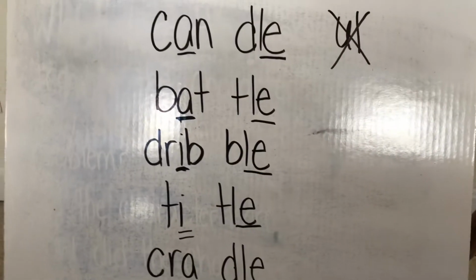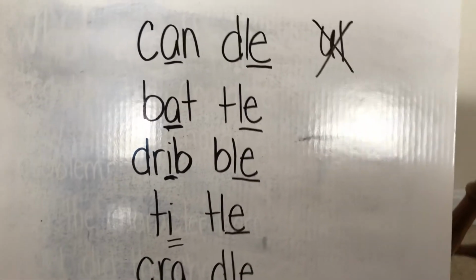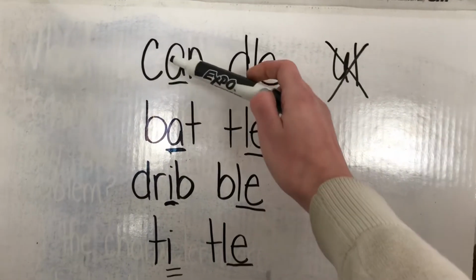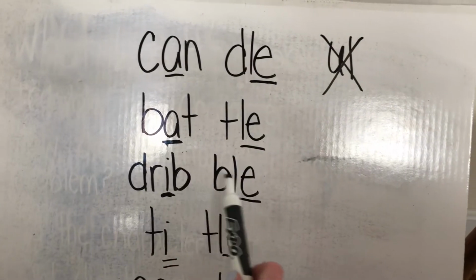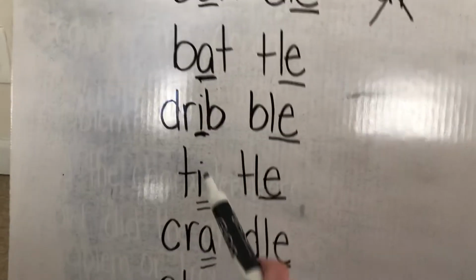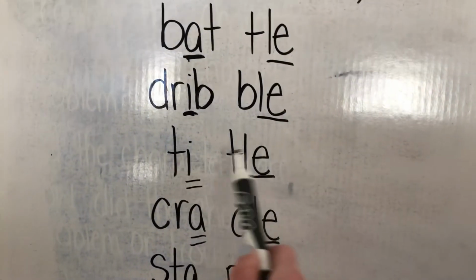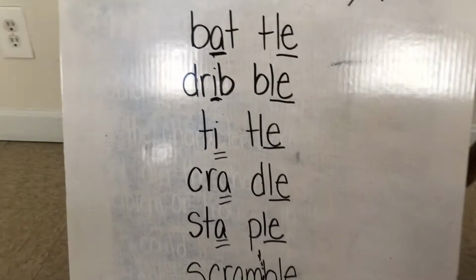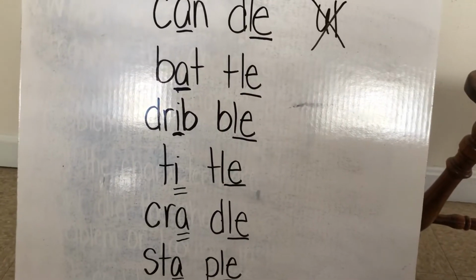So if I break my word up before the consonant LE, I notice that if the first part of the word ends in a consonant, I hear a short vowel sound. Battle, dribble. If that first part ends in a vowel, I hear a long vowel sound. Title, cradle, staple. So that's a pattern that can help us when we're trying to read some tricky words.